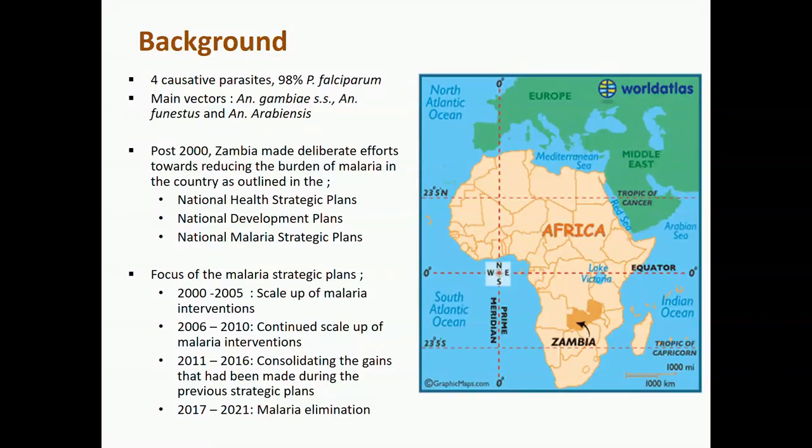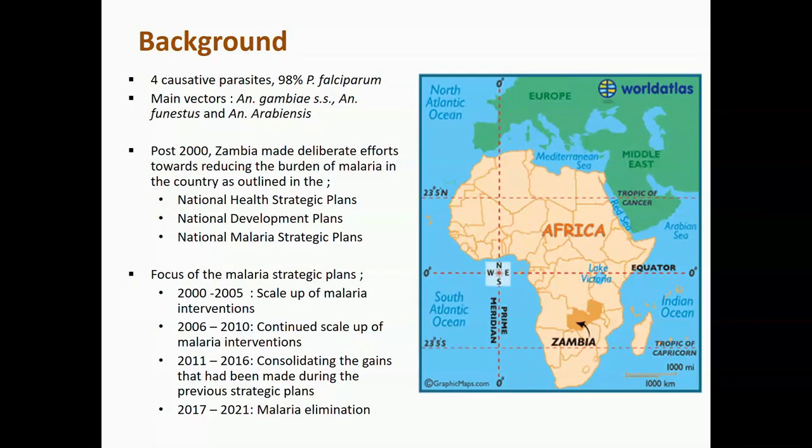As a country, our journey towards addressing the malaria problem started several years ago, as early as the year 2000. We've had various national health strategic plans and development plans that recognize malaria as a problem for our country.